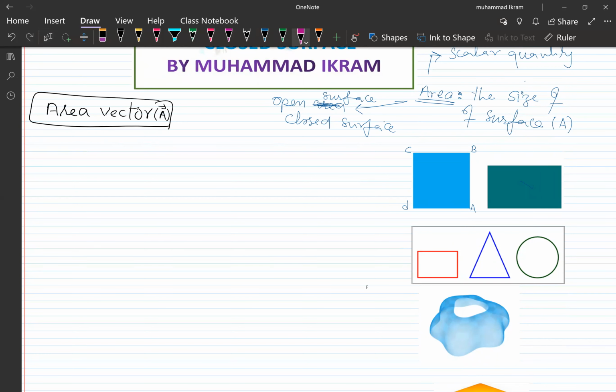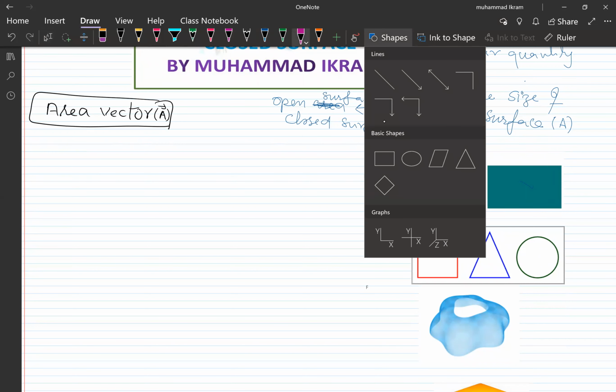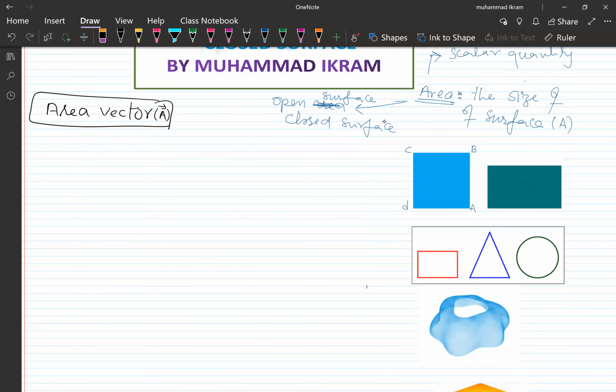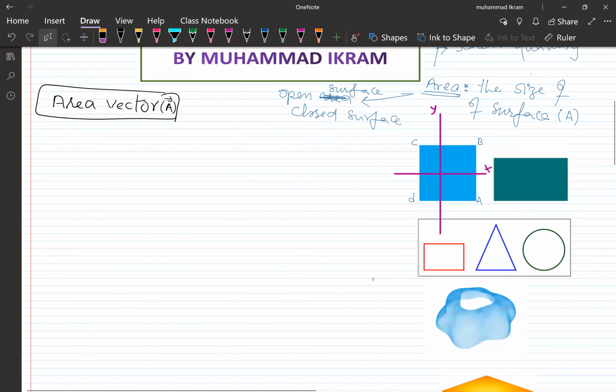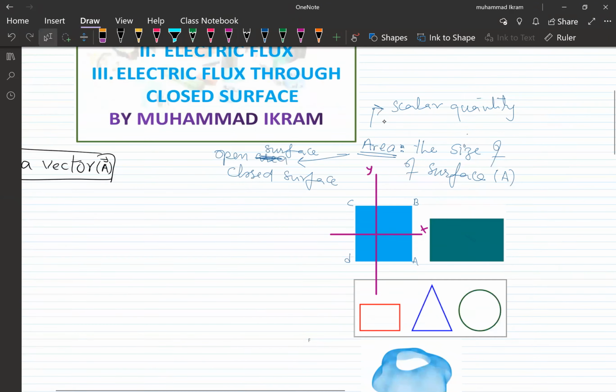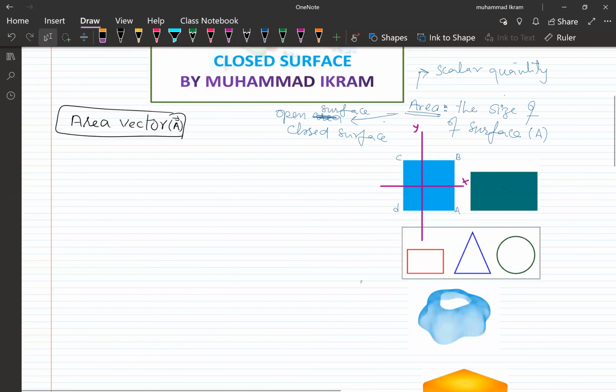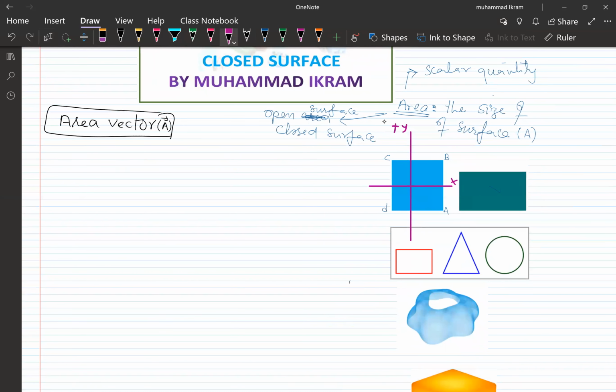Here, if I draw a 3D shape, as you see, and label this as the y axis for the two-dimensional plane, then you see that the top surface points in the positive direction, while the downward surface points in the negative direction.